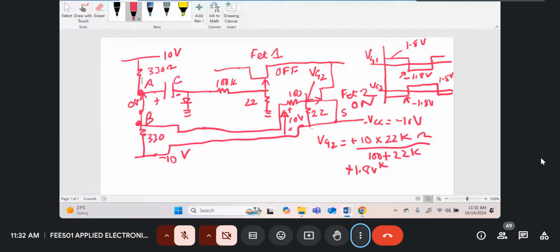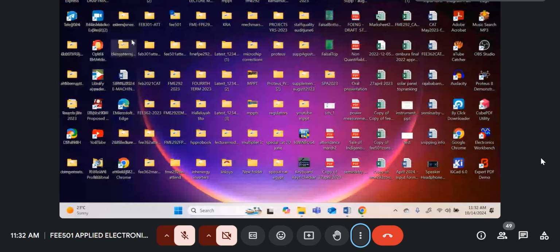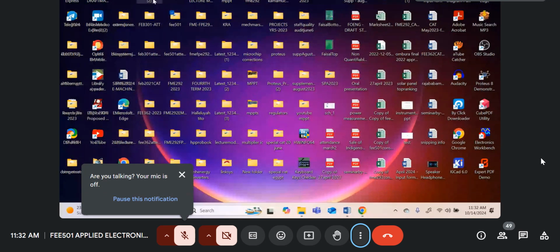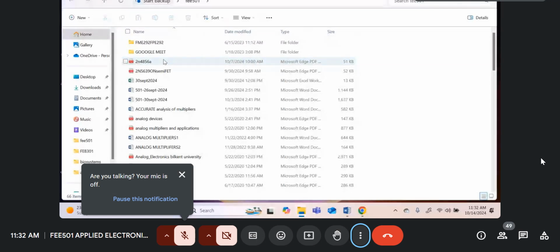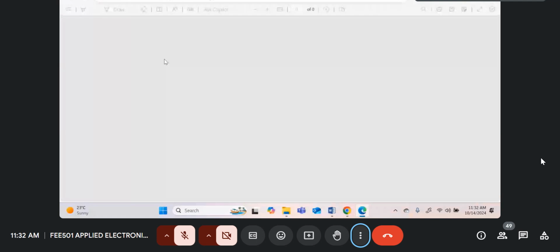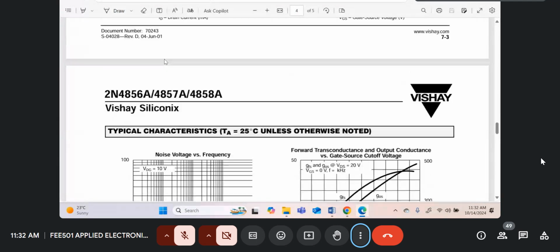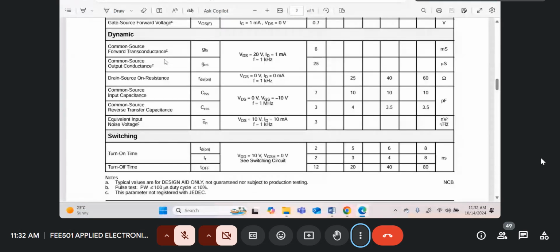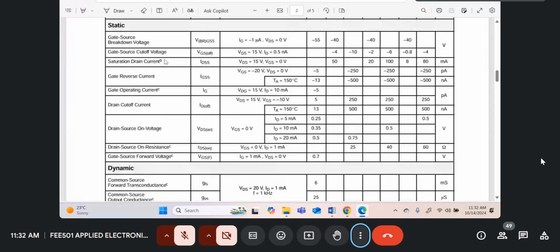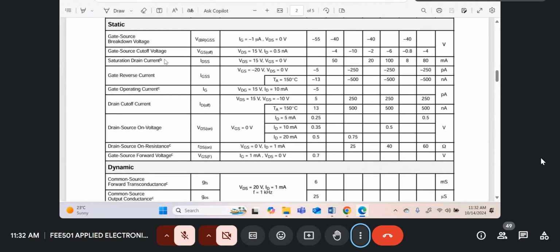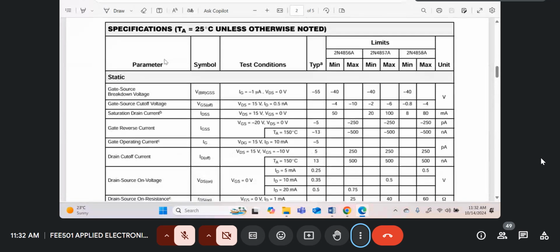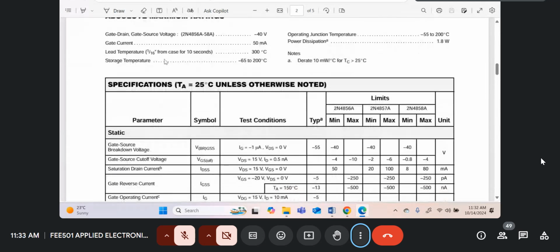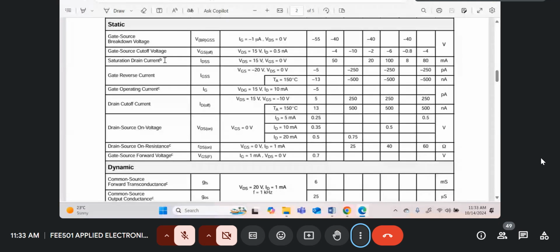Let's just go to the transistor datasheets.